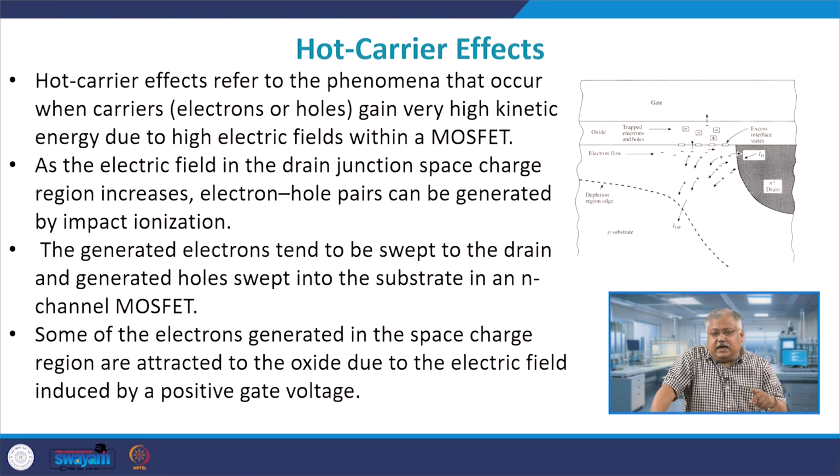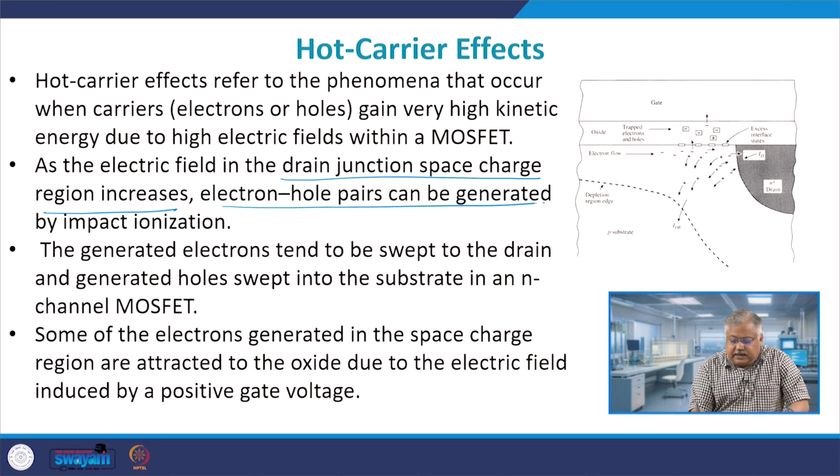However, please understand, in the depletion region of MOS devices there is a strong electric field present. So, even before the recombination of electron hole pairs, they will tend to segregate very easily, and that is what is written in the second part: as the electric field in the drain junction space charge region increases, electron hole pairs can be generated by impact ionization and they can be easily separated or swept to the drain.